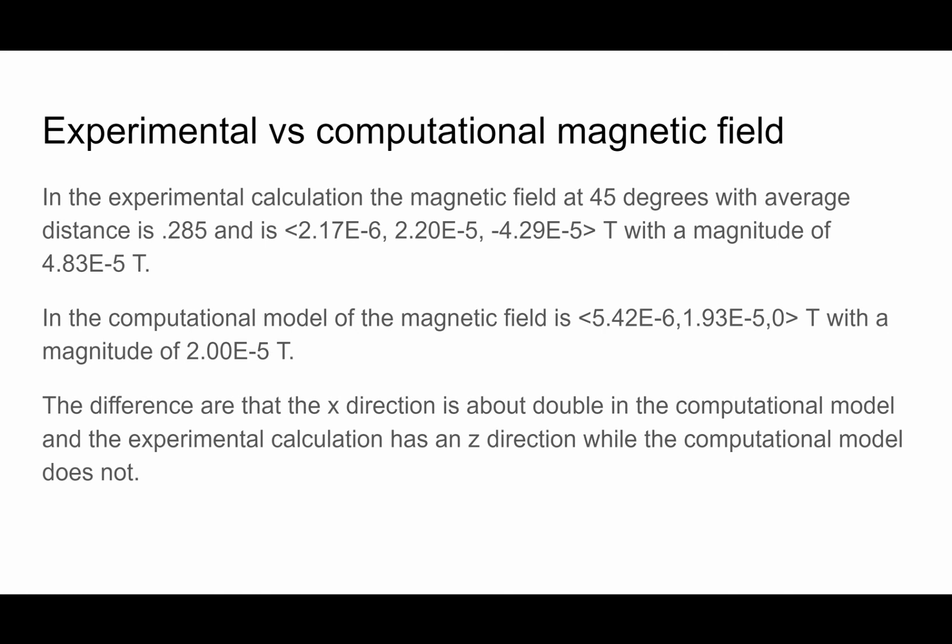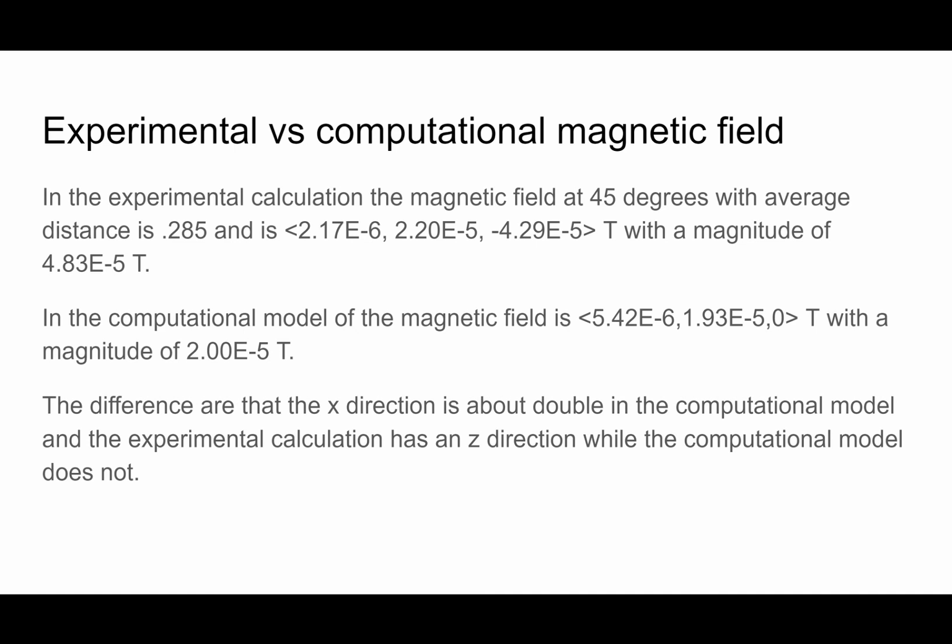And in the computational model, the magnetic field is 5.42 times 10 to the negative 6 in the x, 1.93 times 10 to the negative 5 in the y, Tesla, with a magnitude of 2 times 10 to the negative 5 Tesla.